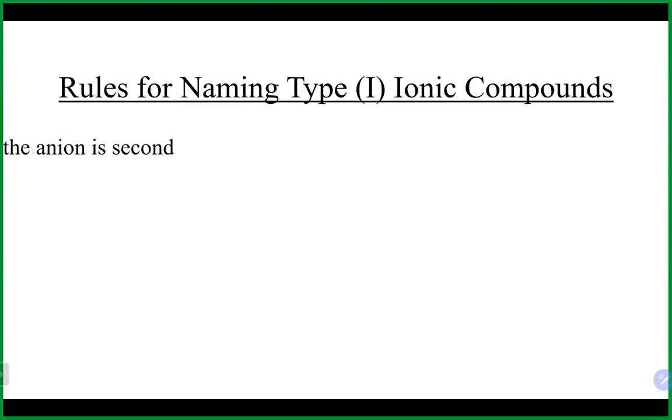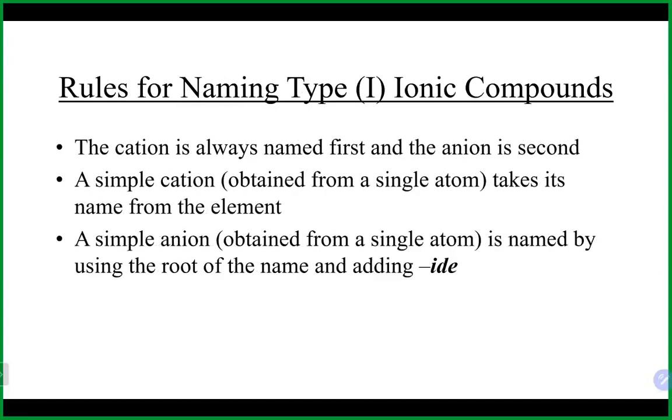So let's get into some of this. We'll start with type 1 compounds, which again, as I mentioned, are fixed positive charges. And again here, this is our metal and nonmetal.